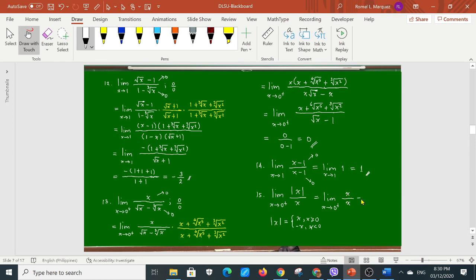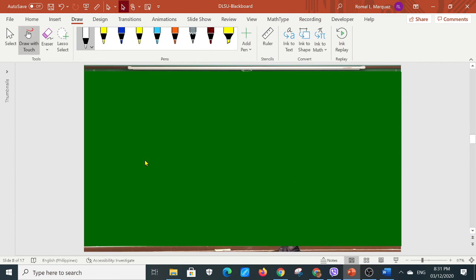Ano ba yung x over x? 1, right? Remember, x is not equal to 0, approaching only 0 from the right. That's why we can cancel x, and that is equal to 1. What's now the limit, children? 1.